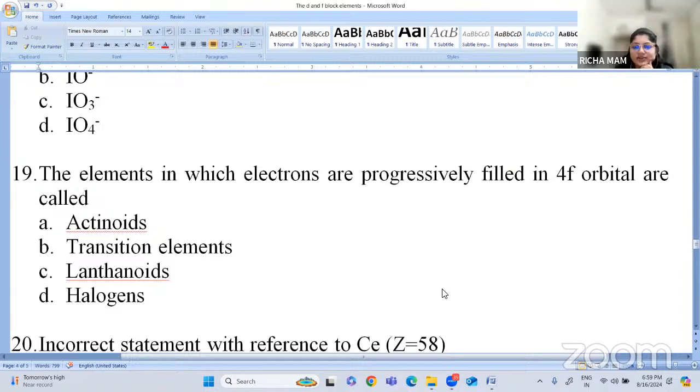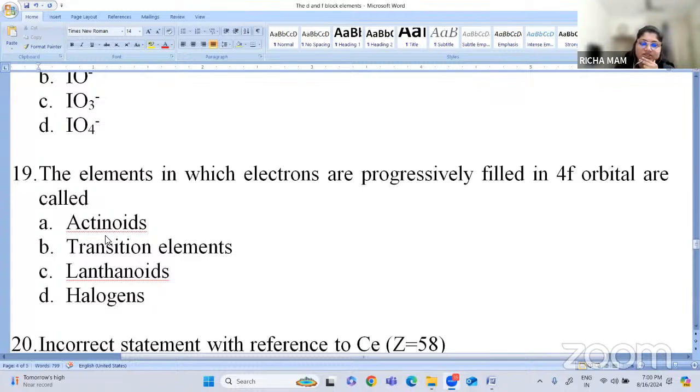The elements in which the electrons are progressively filled in the 4f orbital are called: A, actinoids, B, transition elements, C, lanthanoids, and D, halogens.